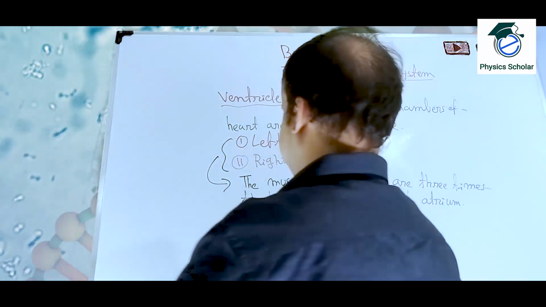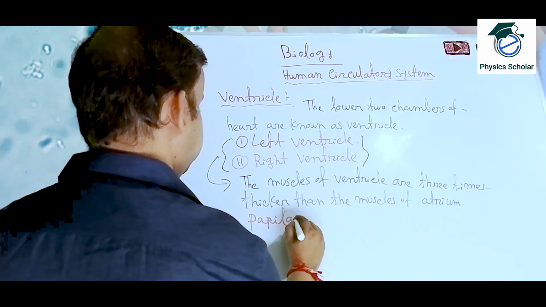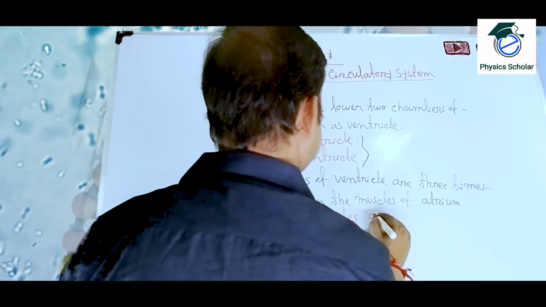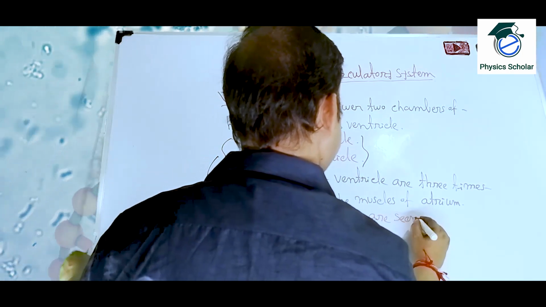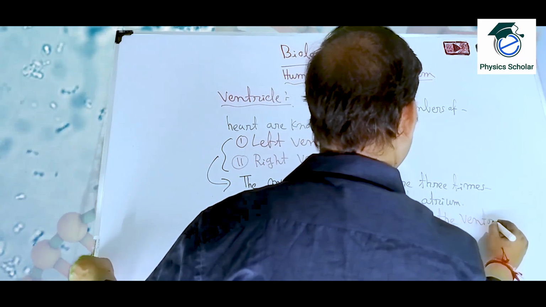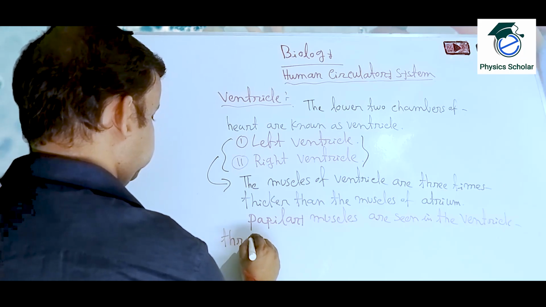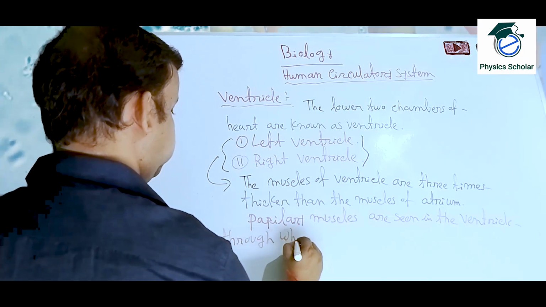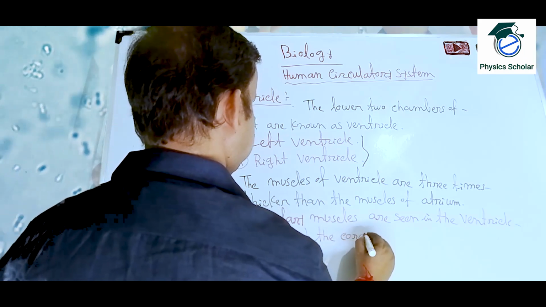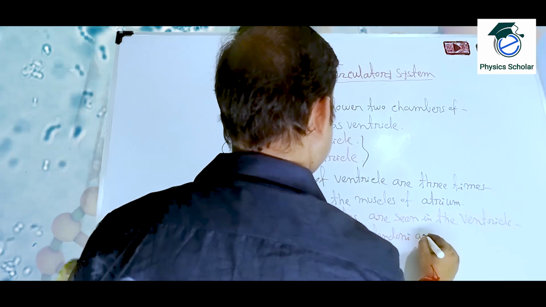And the papillary muscles are seen in the ventricle, through which the chordae tendineae are connected.